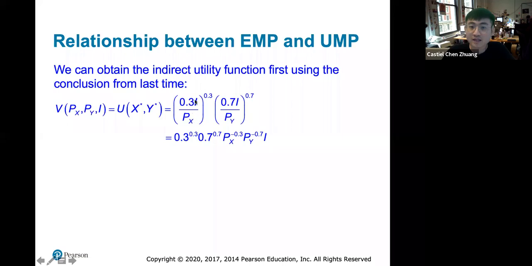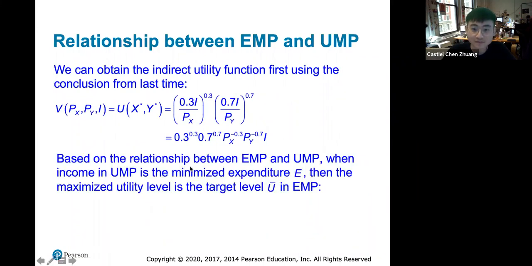Then this I to the power of 0.3 and I to the power of 0.7, you can combine these two, and then you get I. When you take this I out, you get I to the power of 0.3, and when you take this I out, you get I to the power of 0.7. When you combine them, it's I to the power of 0.3 plus 0.7, so I to the power of 1, and it's I. And here you have 0.3 to the power of 0.3, 0.7 to the power of 0.7.